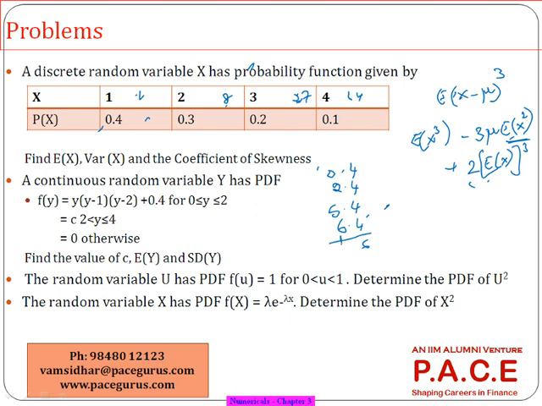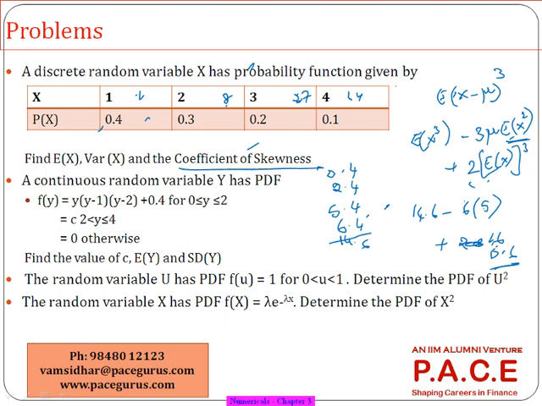That gives 14.6. So expectation of x cube is 14.6 minus 3 into expectation of x, which is 6, into expectation of x squared, which we have got as 5, plus 2 into the expectation of x whole cube, 8. So this is 16. 14.6 plus 16, 30.6, minus 30. So the skewness is 0.6. This is not the coefficient of skewness, this is skewness.